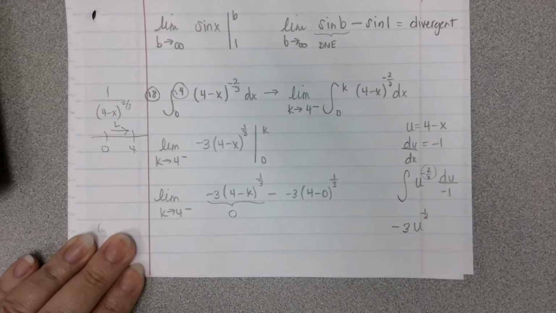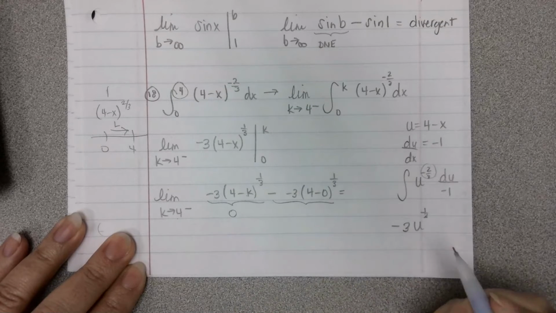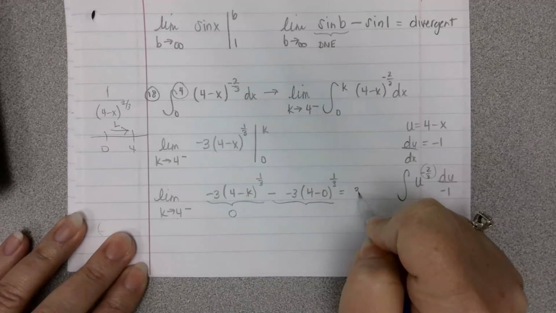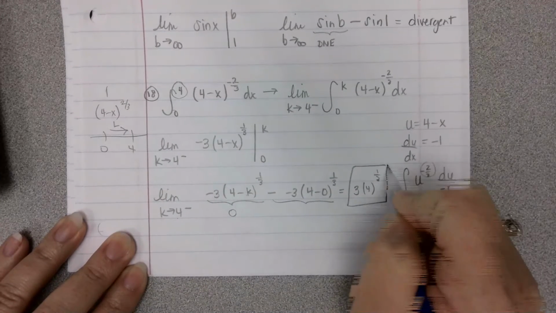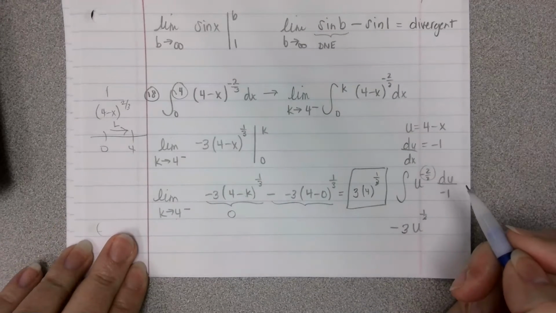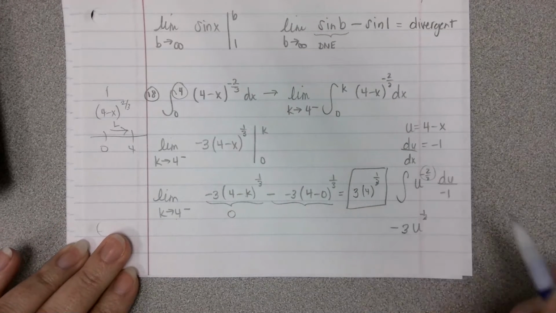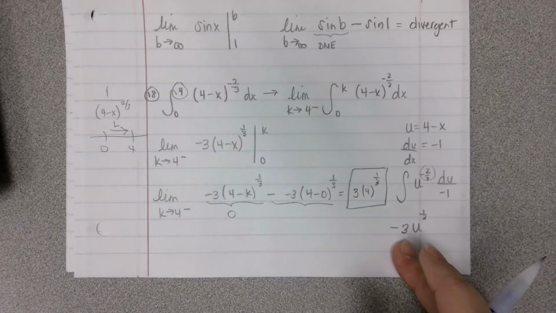Now for this one, we have to figure out the value of it. Well, a negative negative is a positive 3, and then we're just going to leave it as 4 to the 1/3. Of course, that's the cube root of 4, but we don't know the cube root of 4, so we're just going to leave it looking like this. Okay, so that's number 18.